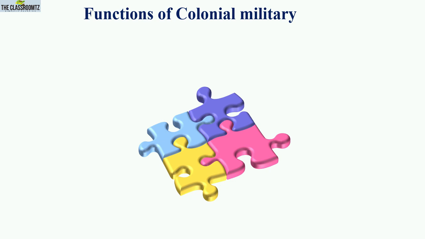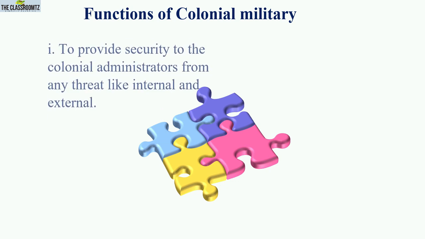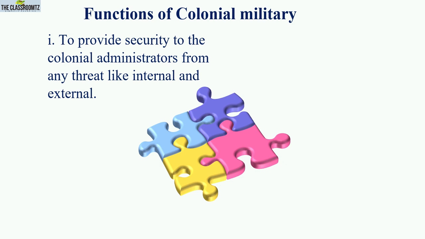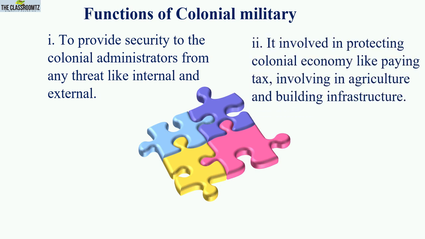The function of this apparatus was simple: to provide security to the colonial administrators from any threat, internal and external. So all colonial officers were protected by this colonial military. And why? They had the experience of African resistance, so they learned the lesson. It was also involved in protecting the colonial economy, like tax payment, agriculture, and building infrastructure.